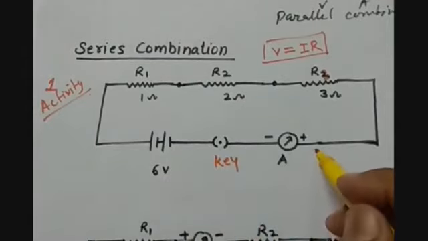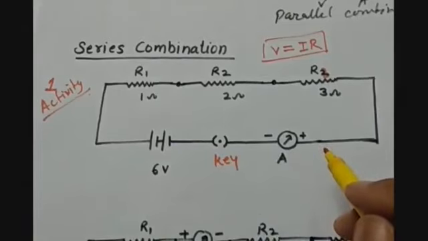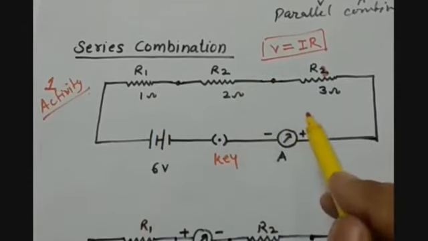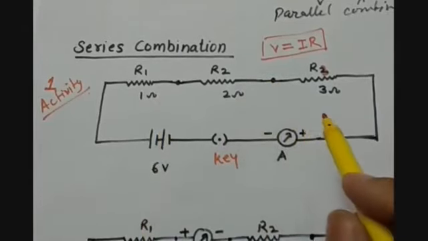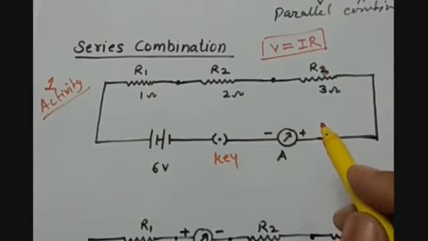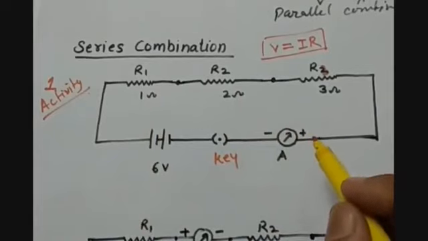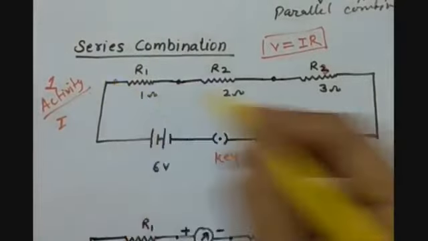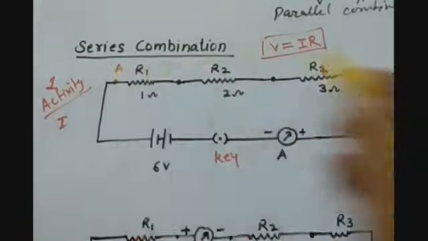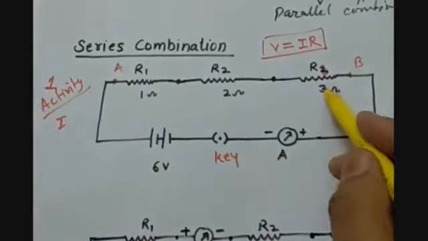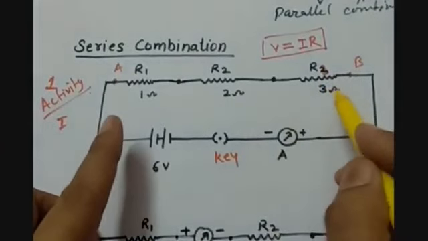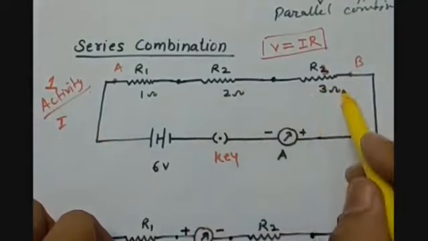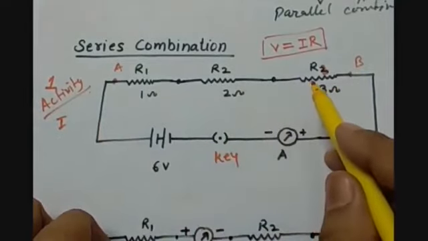As we have to see the effect on current when the series combination of 3 resistors is used, the first case is that we have points A and B, and within A and B we have 3 resistors, a series combination of resistors.